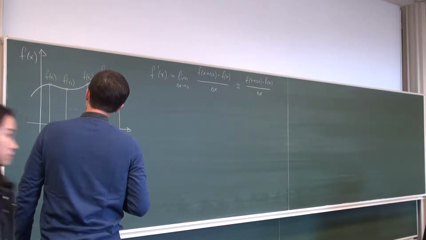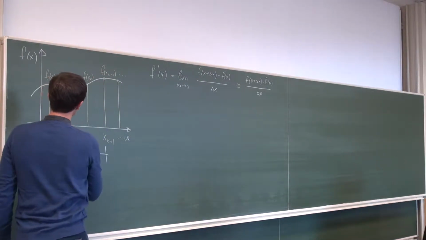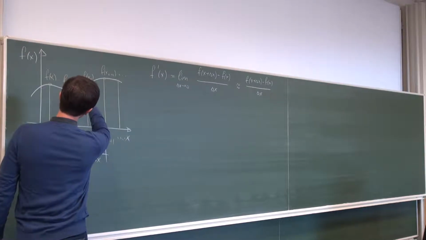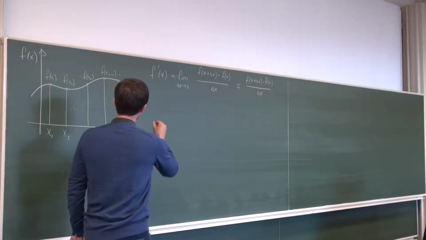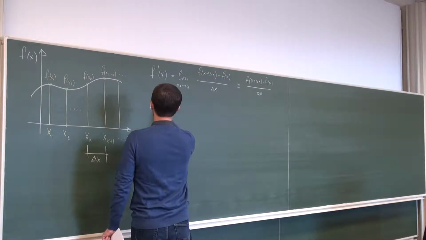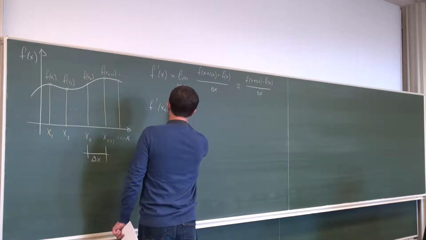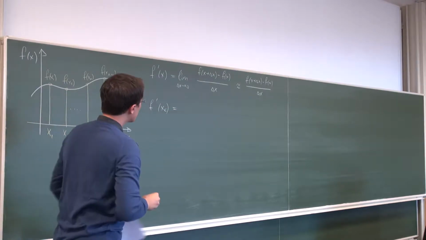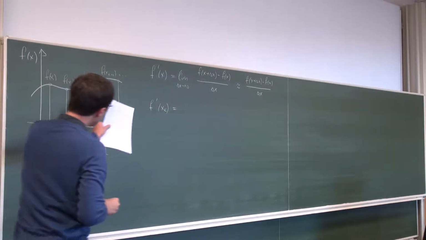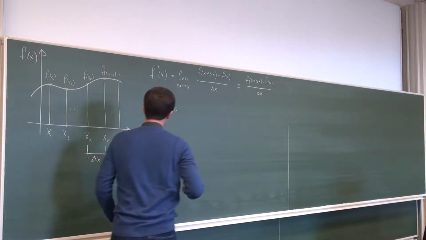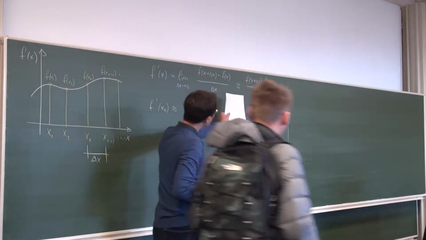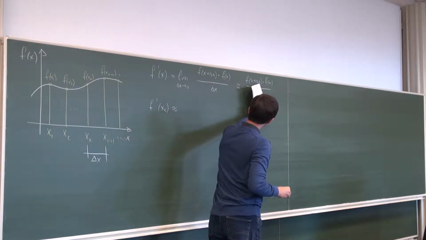All right, so we here have f of xk. We would like to know at this exact same point f prime of xk. And let us use that approximation. So our f prime of xk will be approximately equal to the value that has been incremented by delta x.